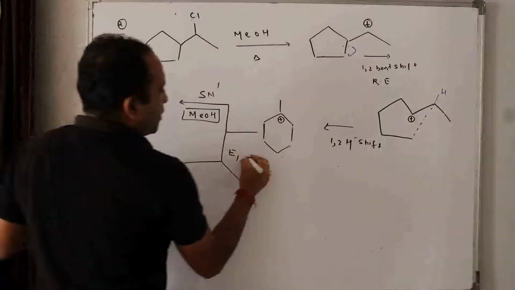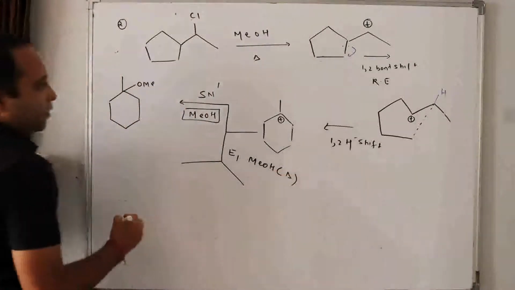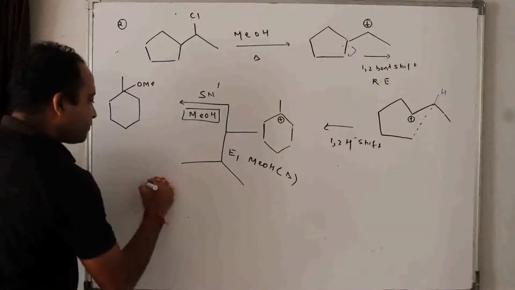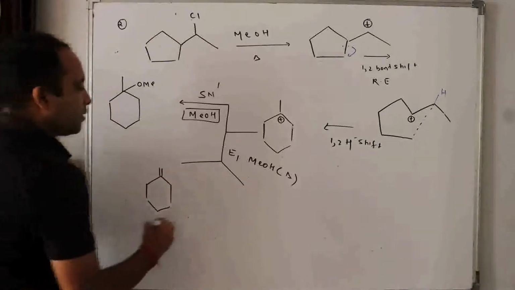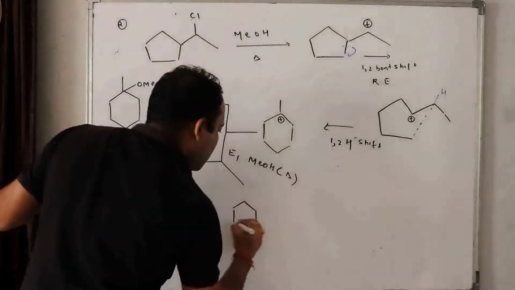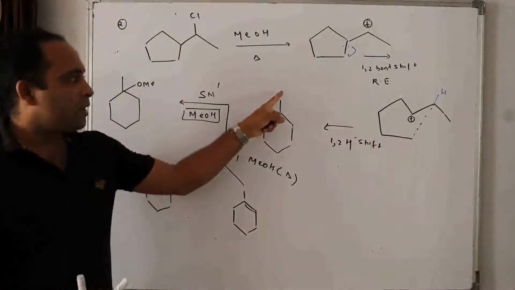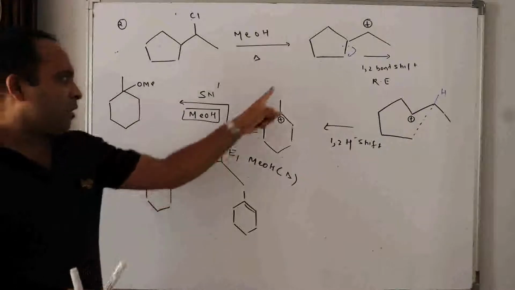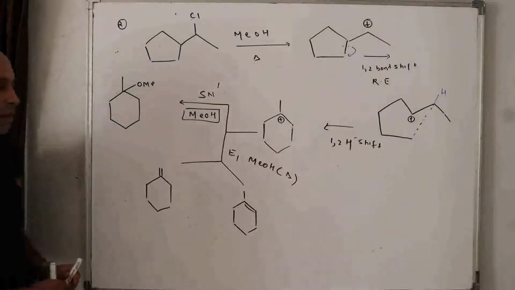Now two things. E1 with MeOH, let me heat it a little. Two things will be formed. Either it will form like this, or the product will be like this. Why? It can remove this CH3 hydrogen to form like this, or this CH2 hydrogen to form like this. Which one will be the major?